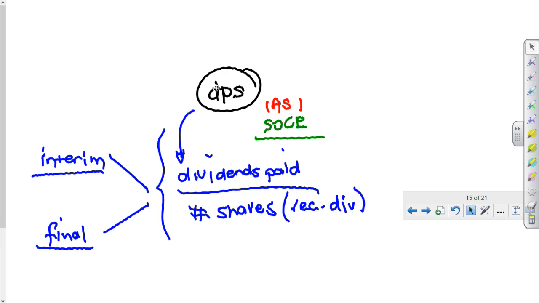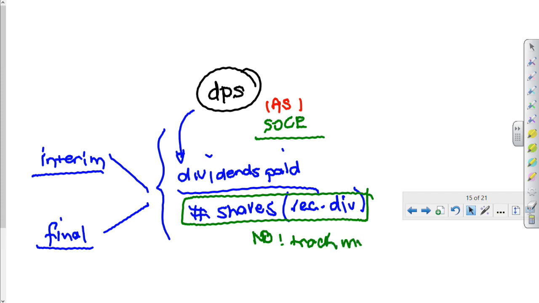When I say that we look at the number of shares that received the dividend, it's important to track movements in shares. And we would track the movements in that weighted average calc, isn't it, that we do? But remember, we're not weighting. No weighting. We don't do any weighting.